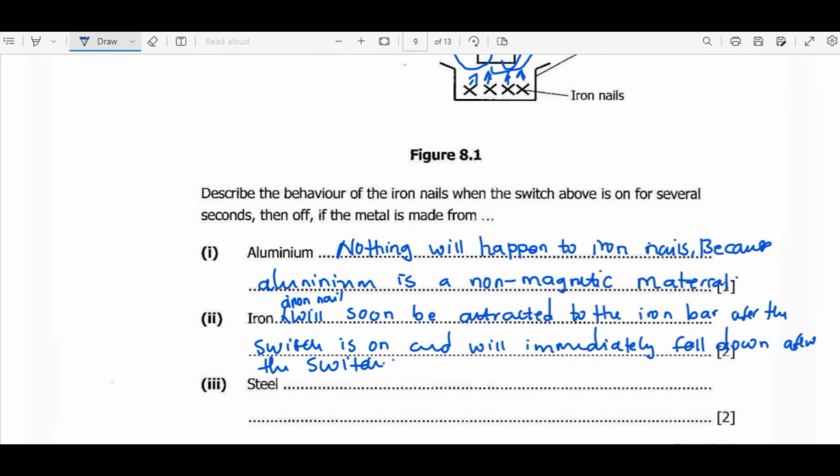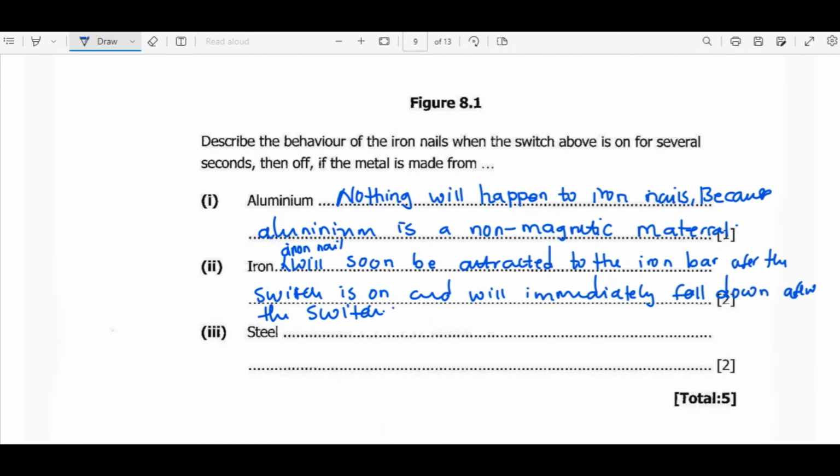Now, what of the steel? The steel is a different case from the iron. For this one, we'll say the iron nails will take time to be attracted, and take time to fall down.